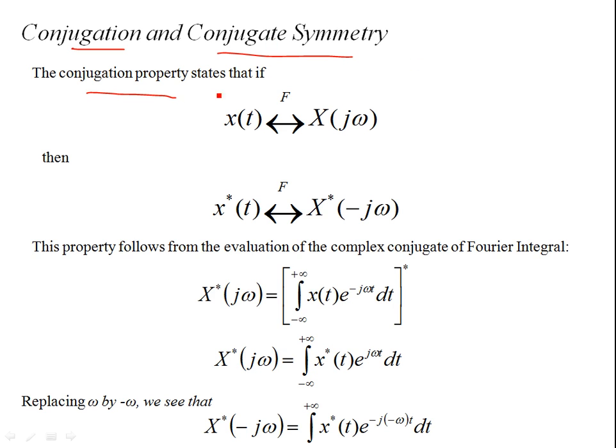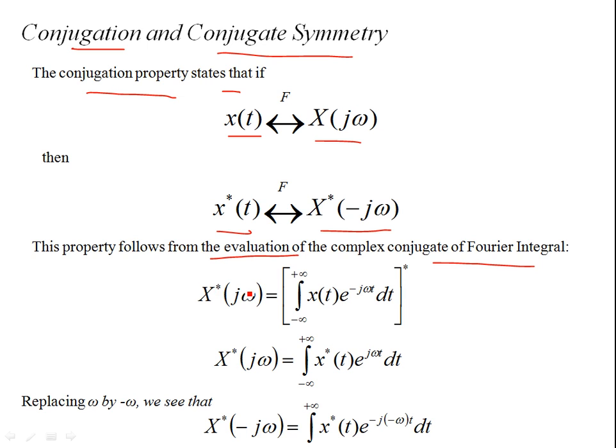So the conjugation property states that if x(t) has a Fourier pair X(jω), then x*(t), if you take the conjugate, has a Fourier transform pair X*(-jω). To show this, the property follows from the evaluation of the complex conjugate Fourier integral.